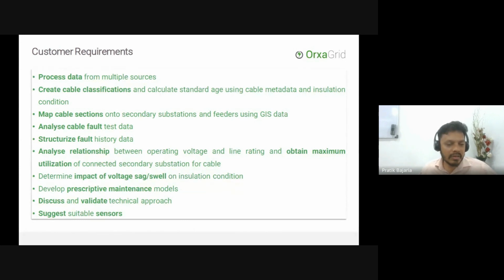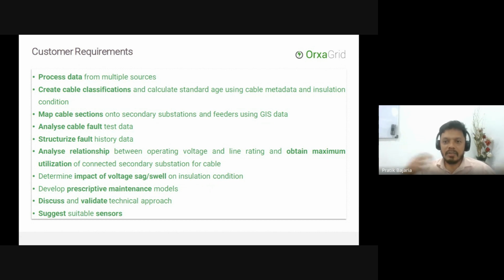And hence, whenever a customer looks out for a solution, he or she should definitely look out for a solution which is backed up by a company which has the DNA of the domain in which the project is being given. For instance, for this particular case, OrxaGrid has a DNA of electrical engineering, which comes from Scope, which has been working in the same domain for the past 35 years.